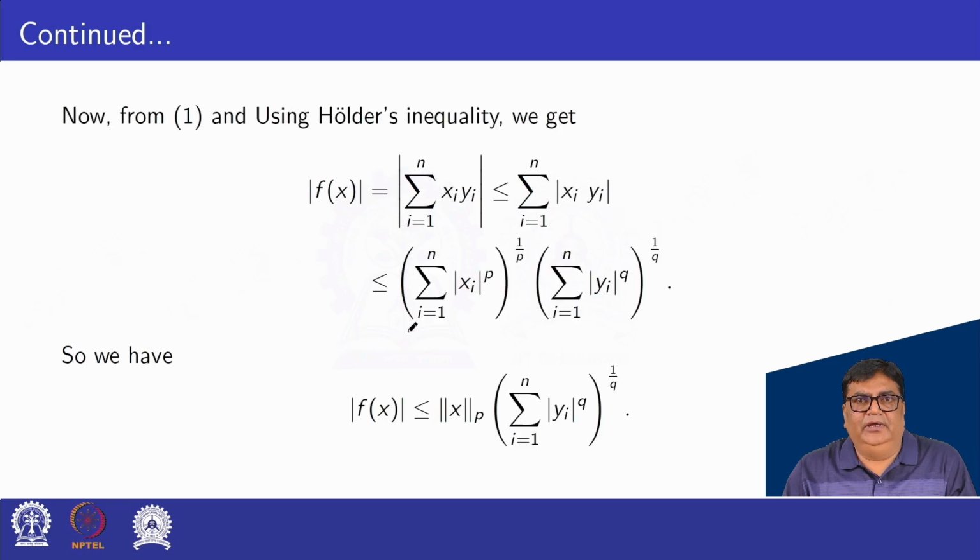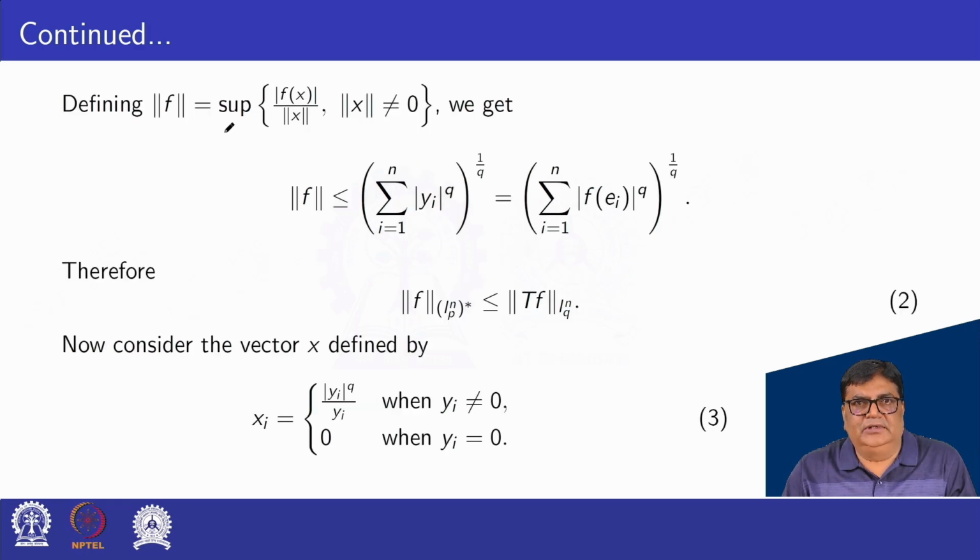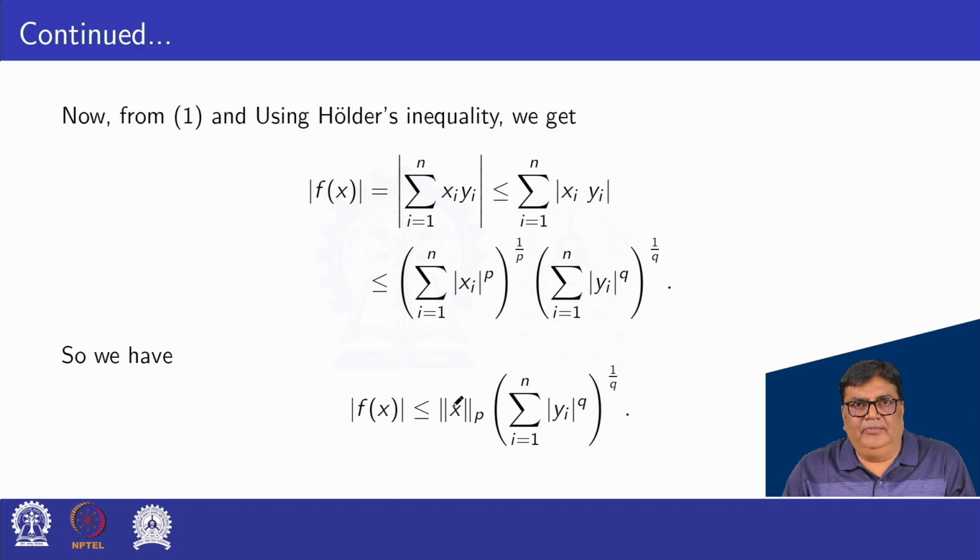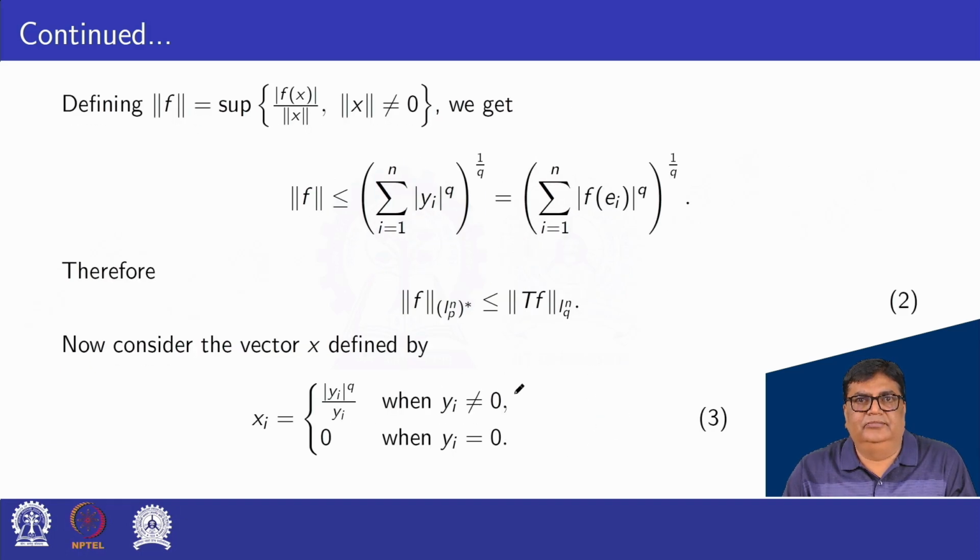Why? Because dividing both sides by norm x, |f(x)| upon norm x, the supremum value of |f(x)| upon norm x, is norm f. So divided by norm x both sides, left side is norm f and right side is this one. Hence norm f is less or equal to (summation i = 1 to n of |yi|^q)^(1/q).